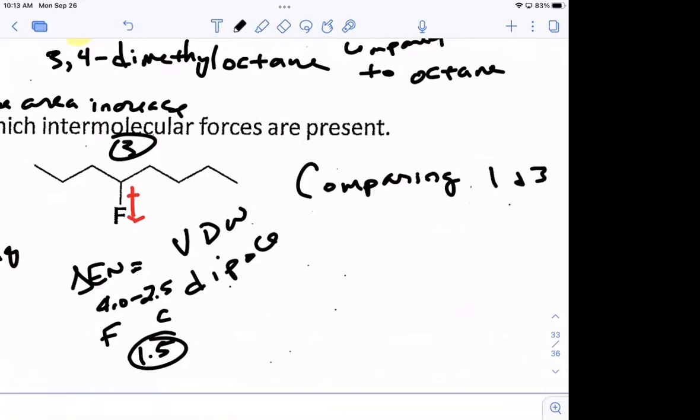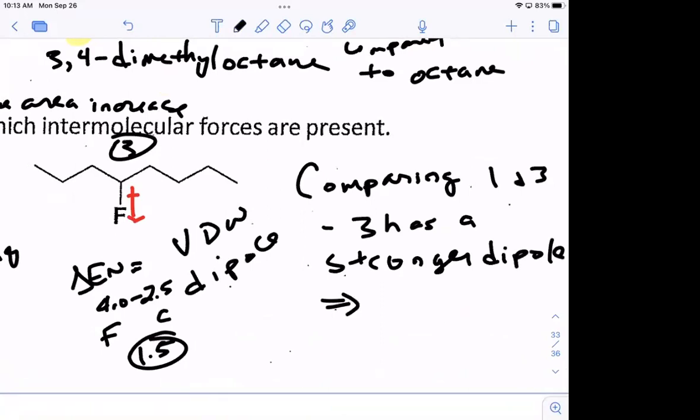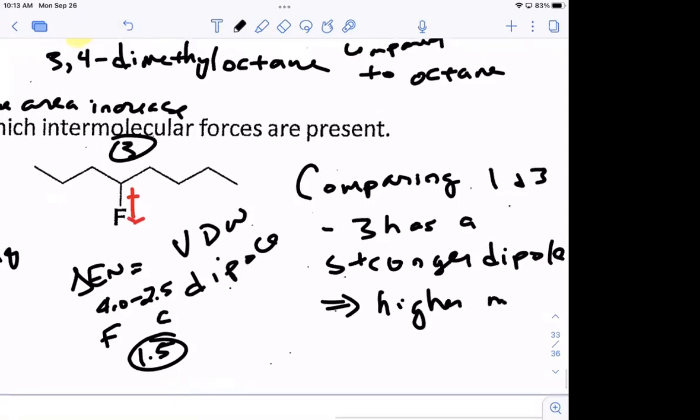So we're comparing 1 and 3. Three is going to have a stronger dipole, so we can assume from that that it also will have a higher melting point. Is that logical? If it's not clear, just ask a question or say something.